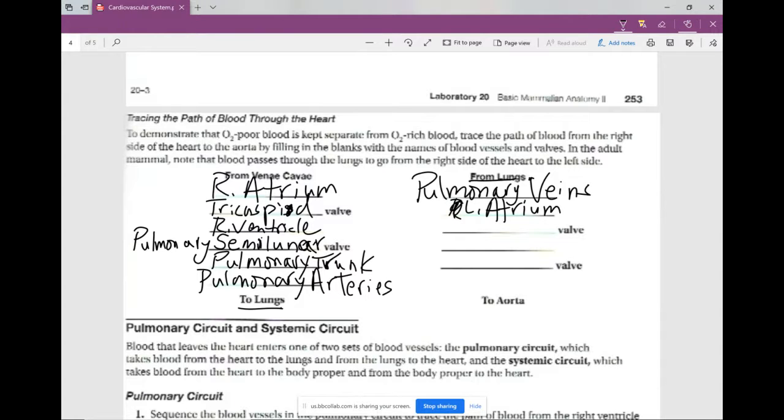And in order for it to leave the left atrium into the left ventricle, it must pass through the bicuspid valve. The left ventricle will then pump it into the aorta through the aortic semilunar.